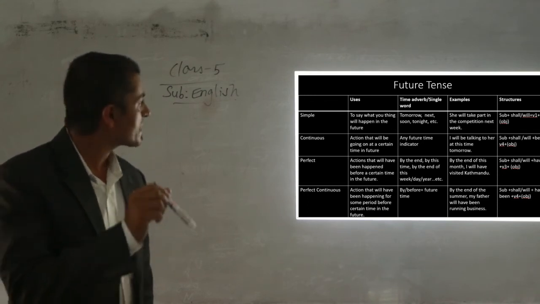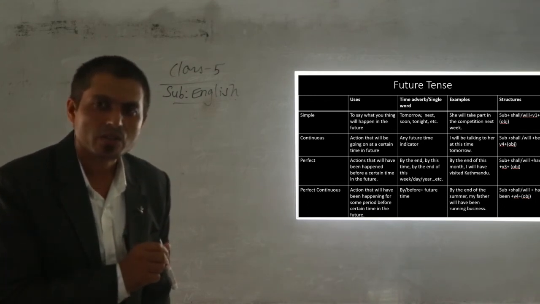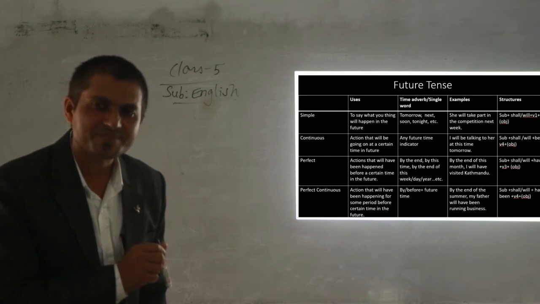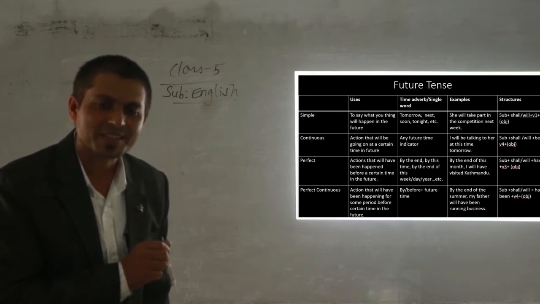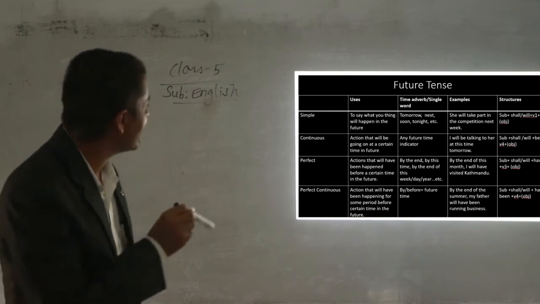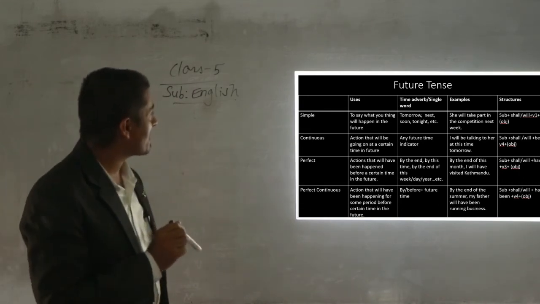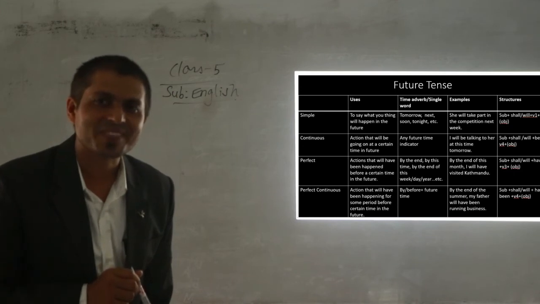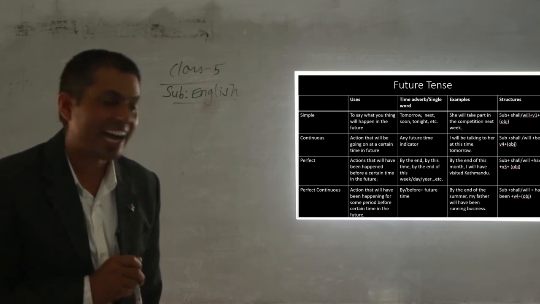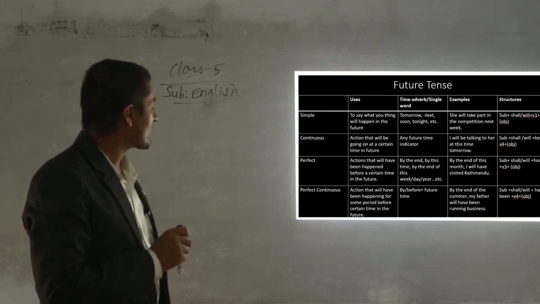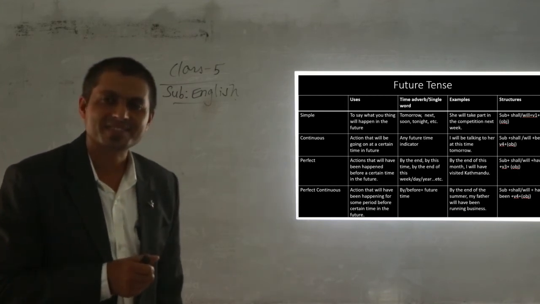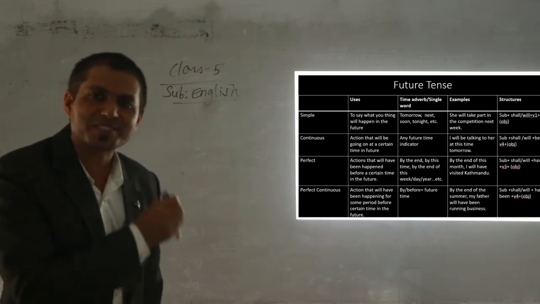Now change into simple future tense. Okay, did you write? Okay, I eat rice, simple present. I will eat rice. Very good. Your sentence is correct. I will eat rice. Okay, now let's jump to the next number.